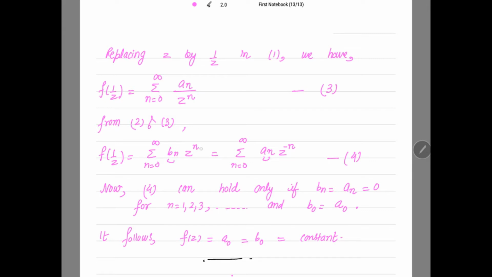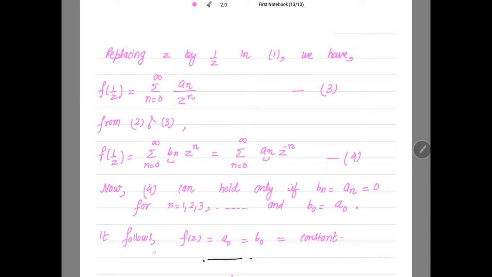the b_n coefficient and a_n coefficient should be 0 for n equal to 1, 2, 3, for all these natural numbers, right? And if n is not a natural number, let's say n equal to 0, I'm having b_0 is equal to a_0, right?